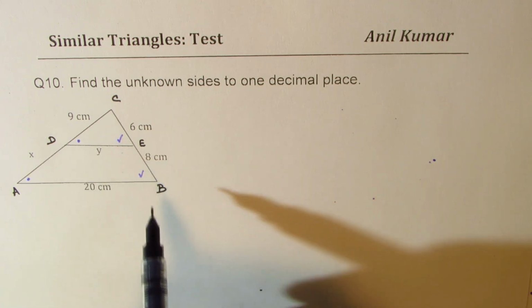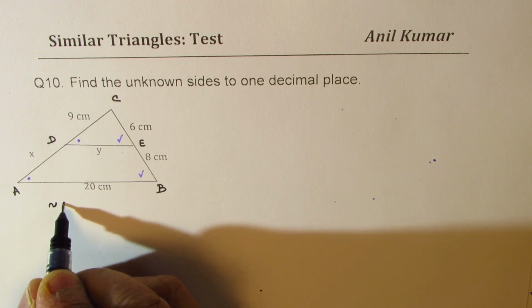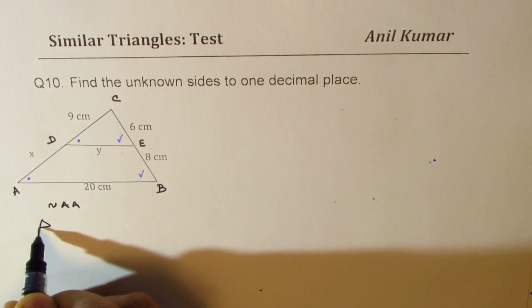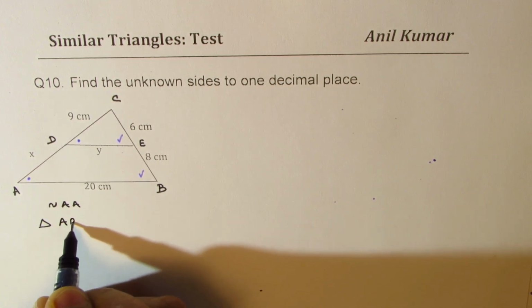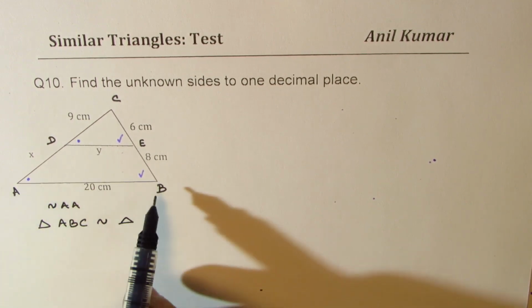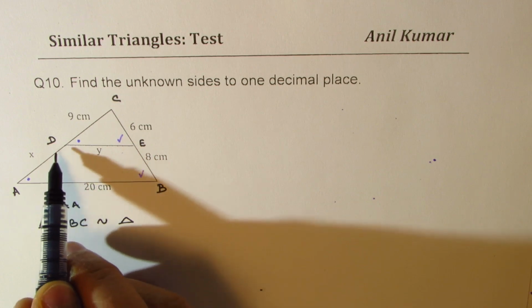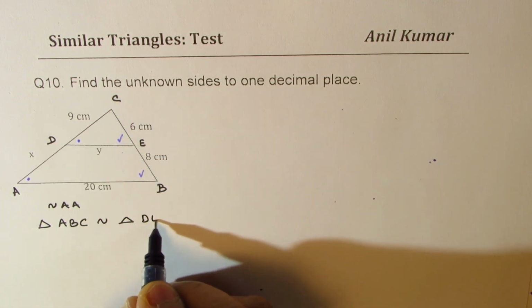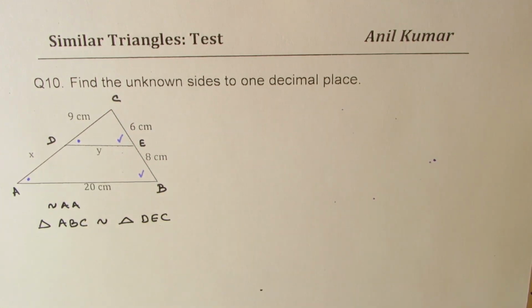Now here also, from the property of two angles being the same, we can say that triangle ABC, the bigger triangle, is similar to which triangle? DEC. So we'll maintain the order. Correct? So if these two are similar triangles, then their corresponding sides should also be in the same ratio.